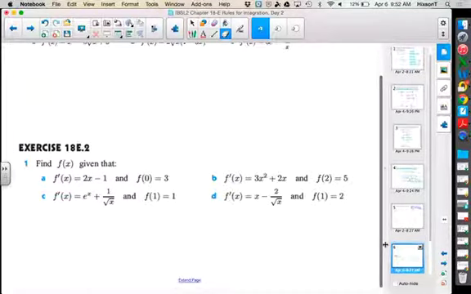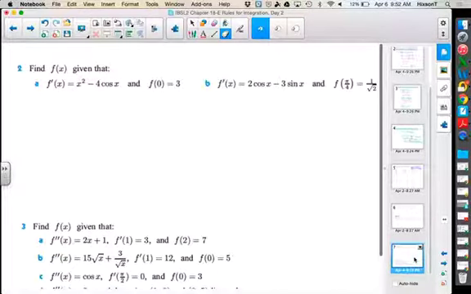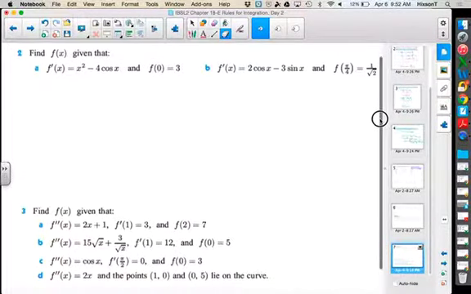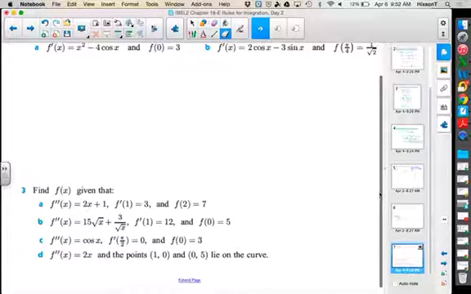Then numbers 1, 2, and 3 are just like what we were doing here. D will stretch you a little bit more, okay, number 3. Notice they don't give you one of the points for their first derivative, but they do give you 2 different points for your original function, okay?